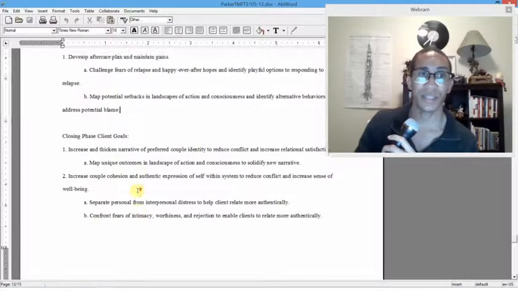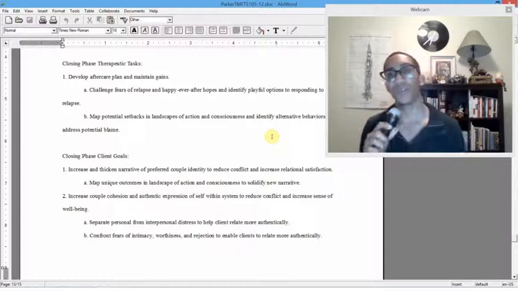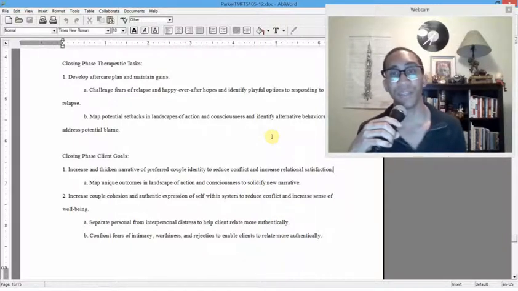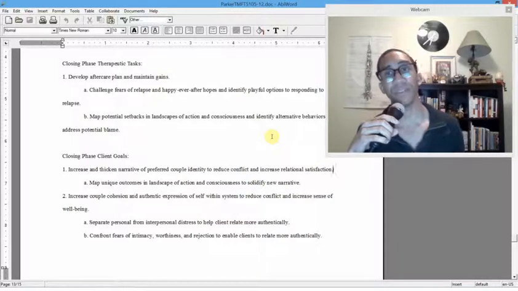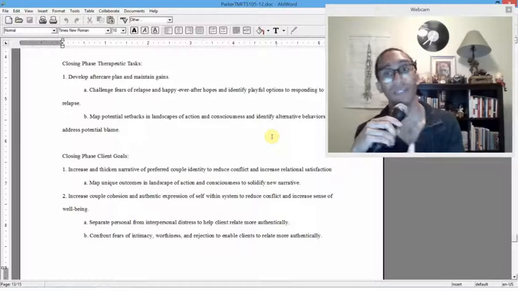Closing phase client goals: increase and thicken the narrative of preferred family identity to reduce conflict and increase relational satisfaction. Like I've been talking about the whole time, redefining that relationship so they can work with each other with a new co-created symbol system that includes living outside and living inside, or being okay with both.